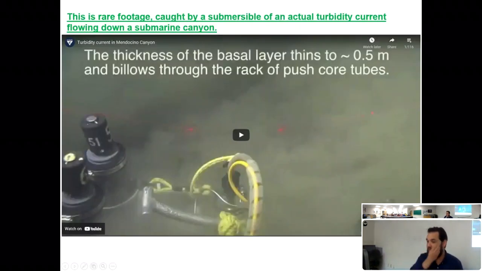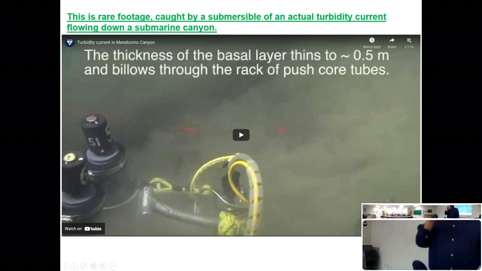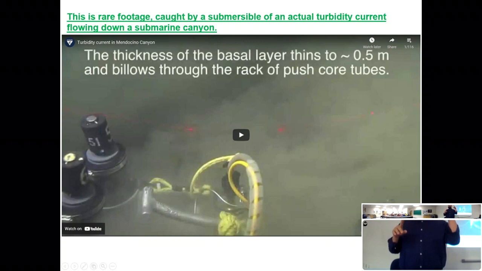This is actually from an ROV, remember, one of those remotely operated submersible vessels. I think this is in Monterey, California, in northern central California. They were in the submarine canyon that I just showed you pictures of, doing work down there, when a big turbidity current came in.